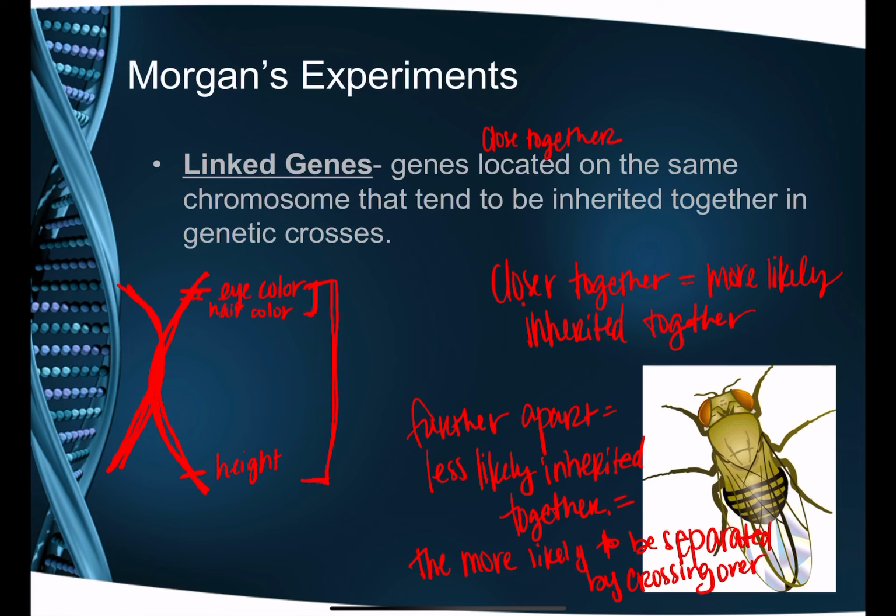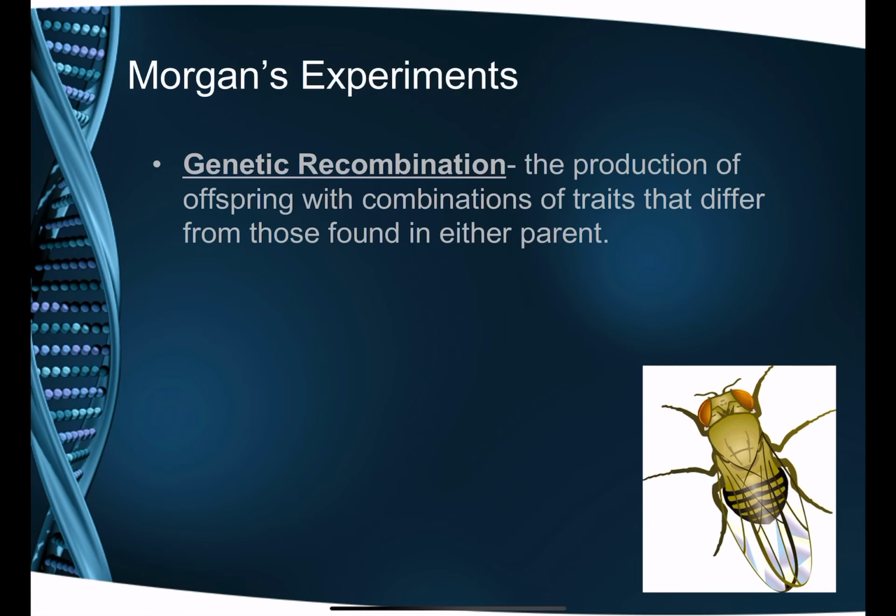If they're close together, they're more likely to be inherited together. They are less likely to be separated by crossing over. Okay? So hopefully that makes sense there.